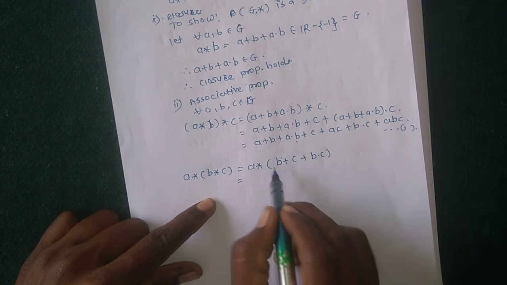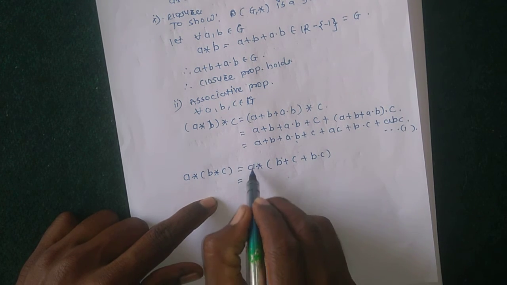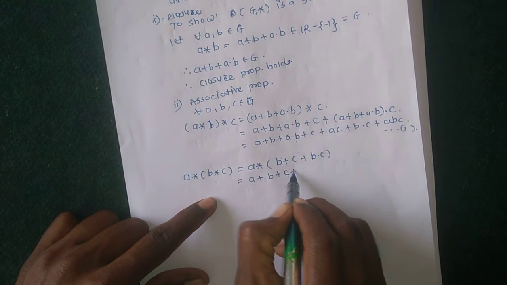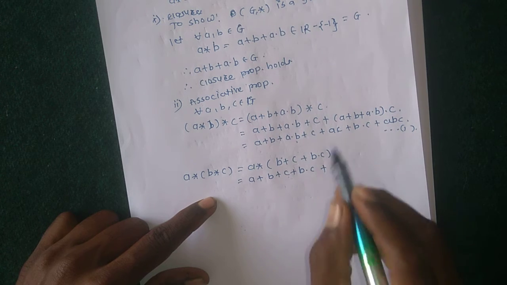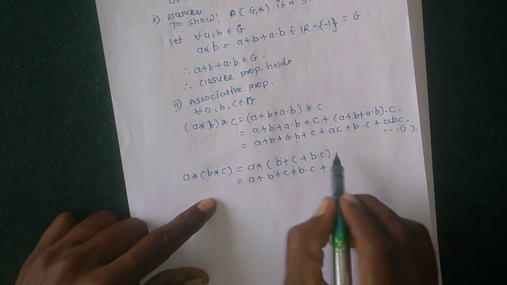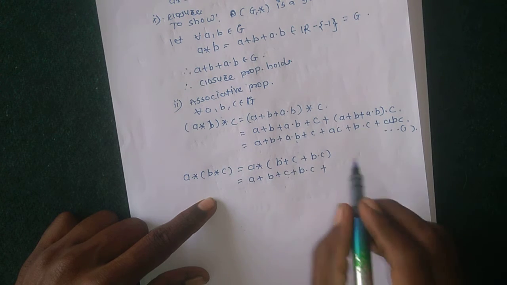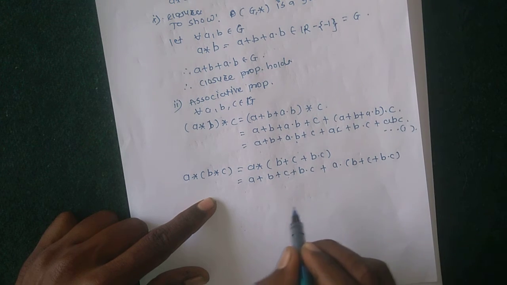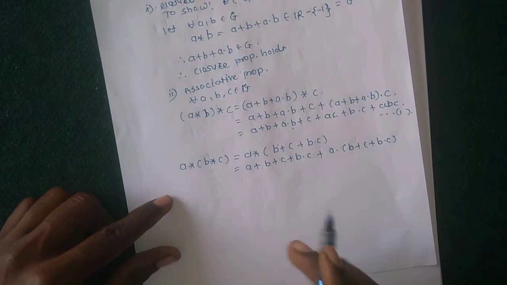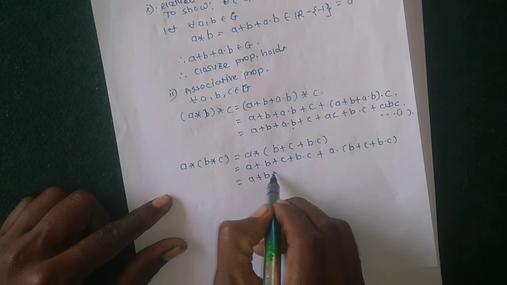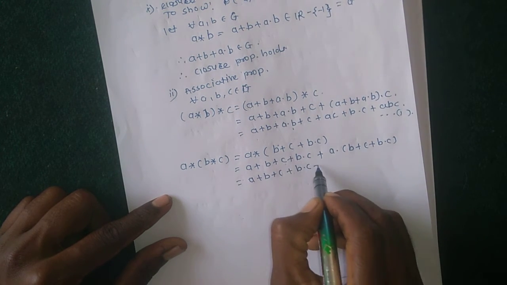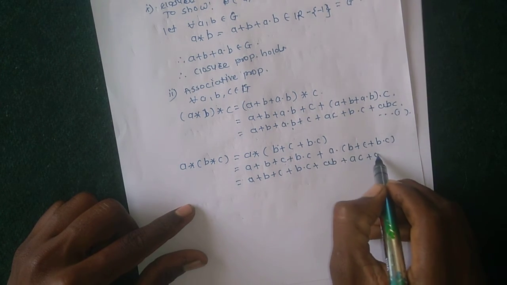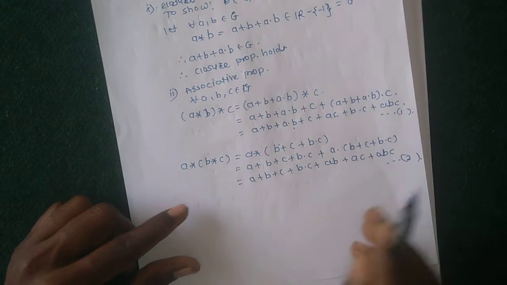Apply star on these two real numbers, we get the first element as it is, meaning A as it is, plus the second element, this B plus C plus B into C, and third is the multiplication of two elements, meaning A into (B plus C plus B into C). Okay, and solving this: A plus B plus C plus B into C plus AB plus AC plus ABC. Okay, this is two.